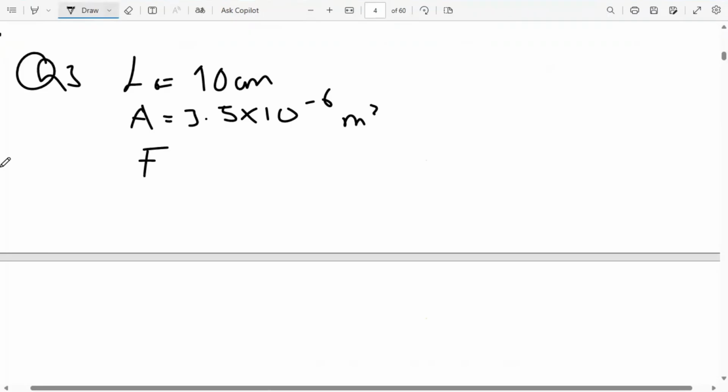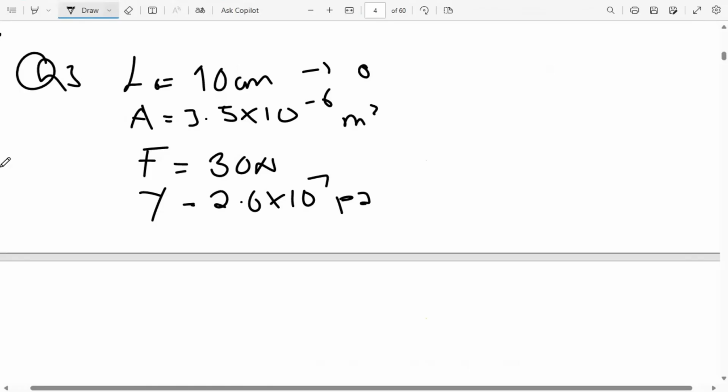Then we have our force, or the load, 30 newtons. And they've also given us the Young's modulus, 2.0 times 10 to the power 7 pascals. We can convert our centimeters into meters, which gives us 0.1 meters.